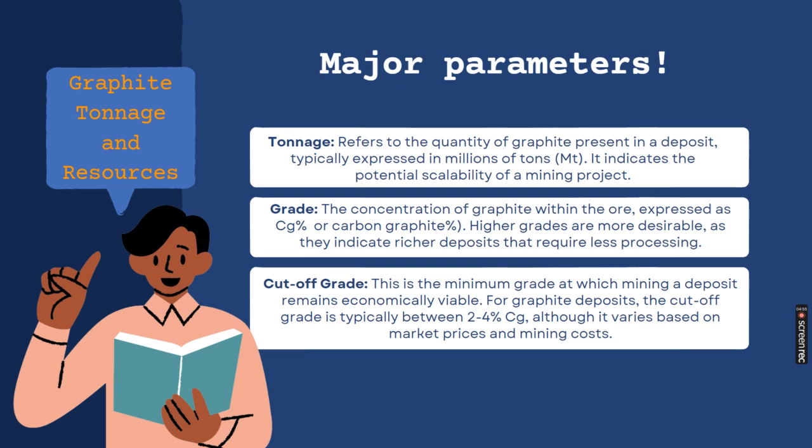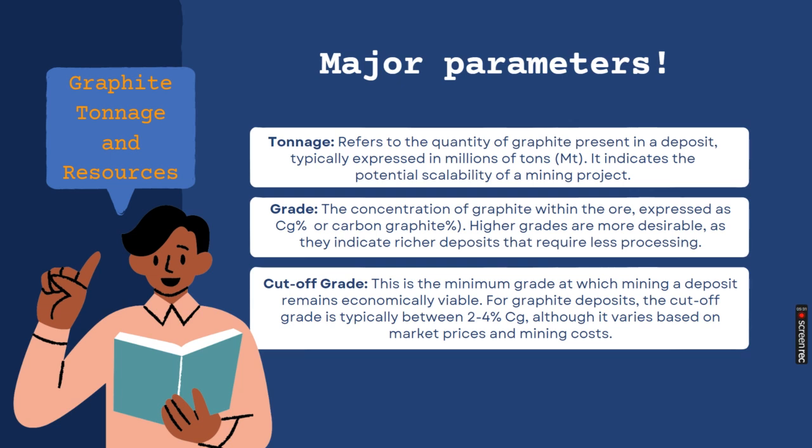Tonnage. What is tonnage? Tonnage means it is indicative of resource. It refers to the quantity of graphite present in a deposit, typically expressed in millions of tons. It indicates the potential scalability of a mine project. Grade means, of course, how much total graphitic carbon percentage is within the graphite ore. The term ore is usually used for metal, but here I'm talking about graphite minerals.